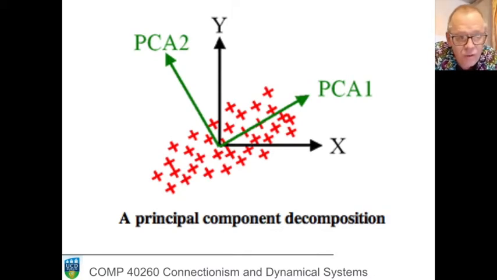Why would we do this? Well, what we can then do is choose to selectively look at just the first or the second component. That is, to look at a small number of the dimensions that characterize the data.